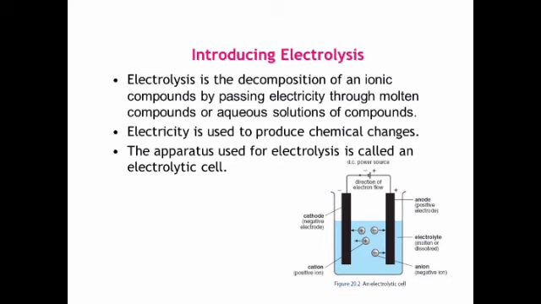Now, Faraday's first law of electrolysis states that the mass, M, of an element discharged during an electrolysis is directly proportional to the quantity of electricity, Q, passing through it.